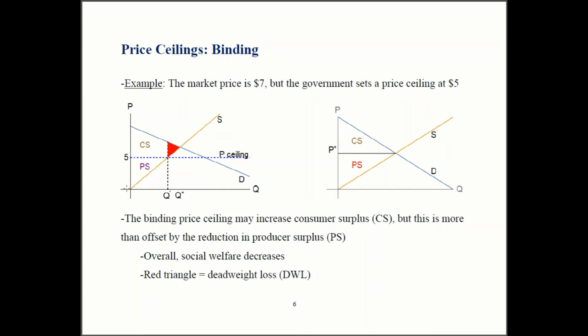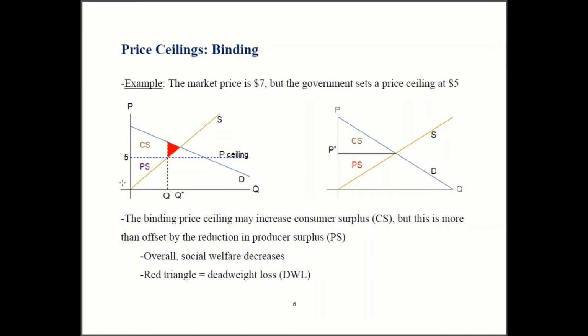We've also reduced the base. Instead of going all the way out to Q star, we're now just going out to Q prime. So if you reduce both the base and the height, that triangle is going to shrink. So producer surplus goes down. That should not be a big surprise. If you force producers to charge a lower price, that makes them worse off. Producers like higher prices.